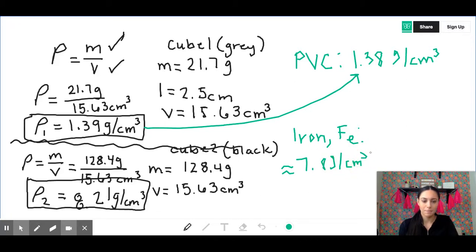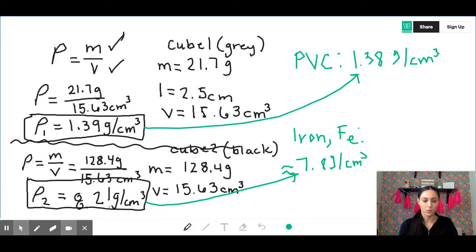Now you can see that our value is a little bit further off for this. That is simply because we are using very rudimentary materials, and perhaps my volume calculation for this cube was not entirely perfect. It does have some beveled edges, which may have slightly thrown off our number.